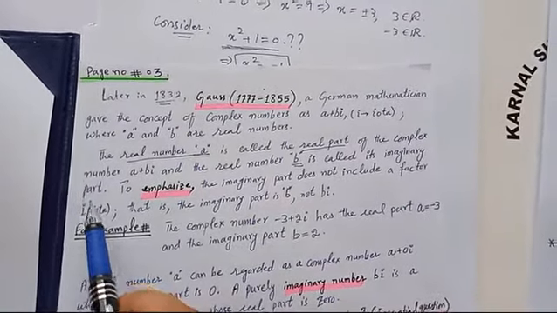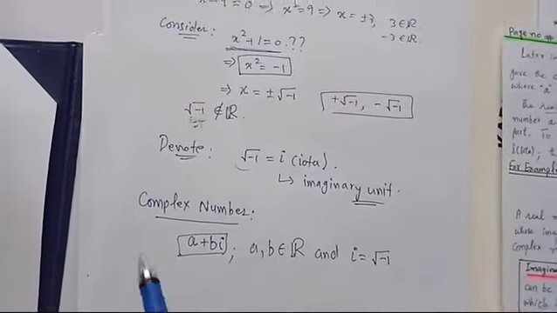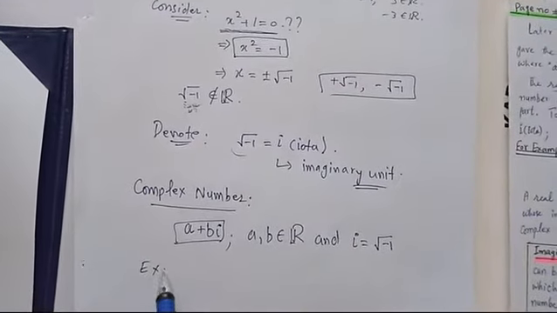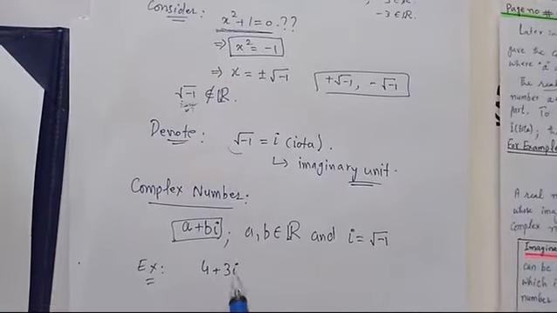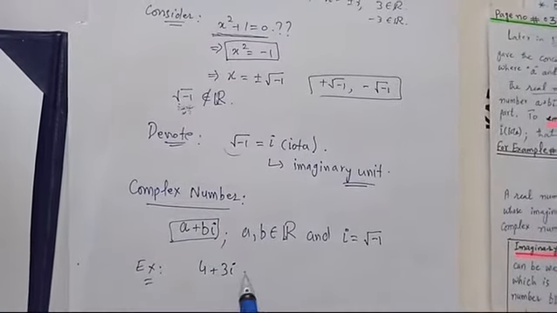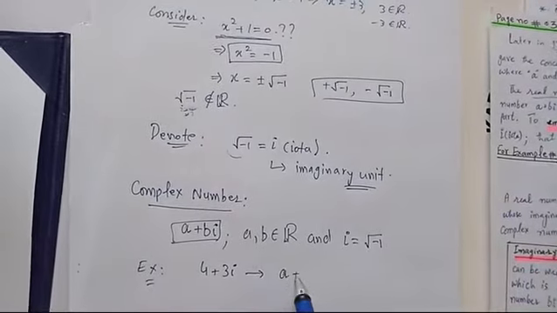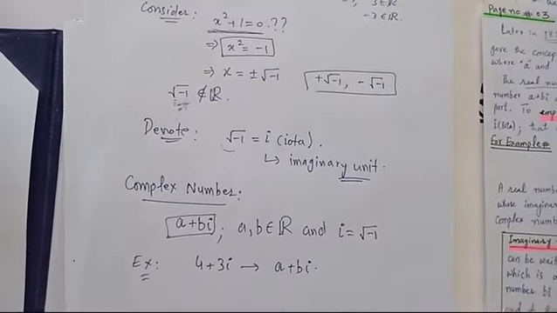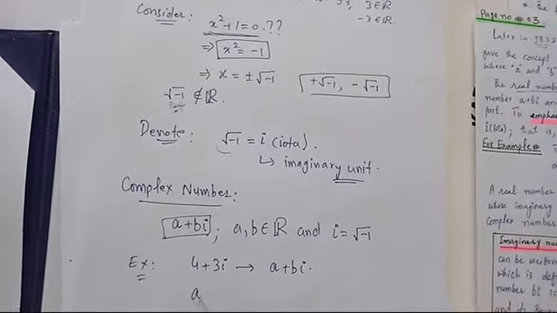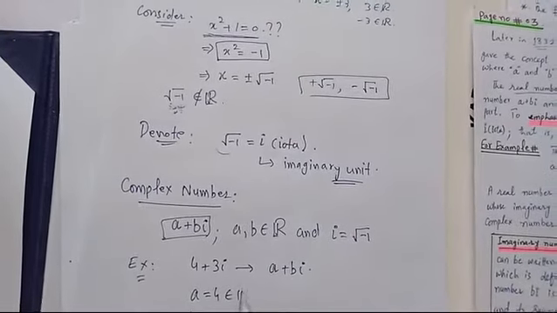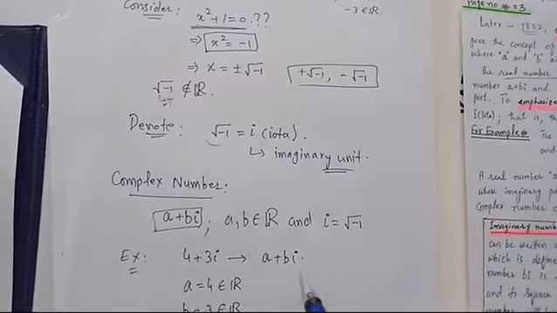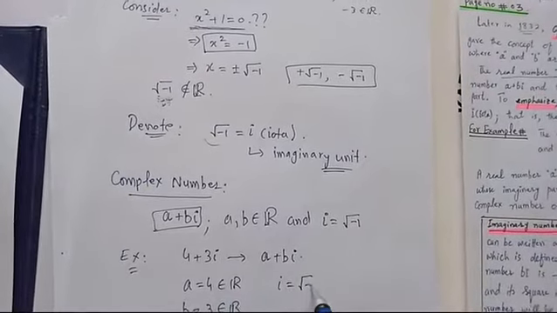Now, if I consider an example, let's say 4 plus 3 iota. You clearly see that this 4 plus 3 iota is in the form of a plus b iota. Here a is equal to 4 and b is equal to 3. This is a real number, this is a real number, and iota is equal to the square root of -1.